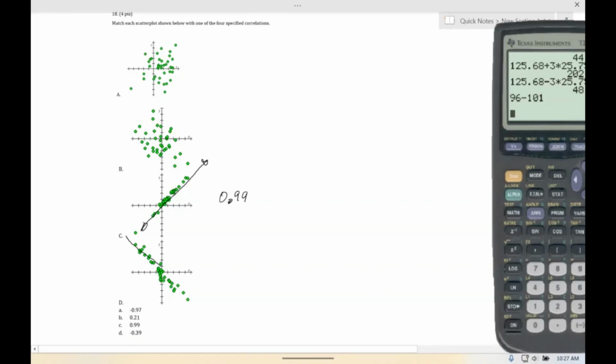Now, if we take a look at C, notice that as we read the scatter plot C from left to right, the graph descends. Notice that the points are tight about this line, which means that the correlation would be really close to -1. So the correlation for plot C, excuse me, is -0.97.